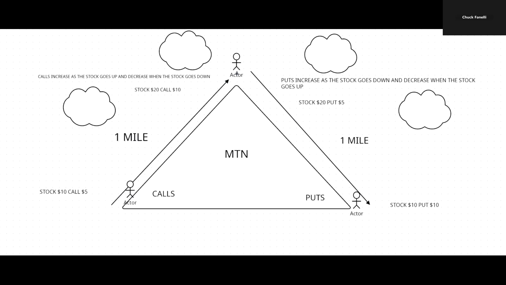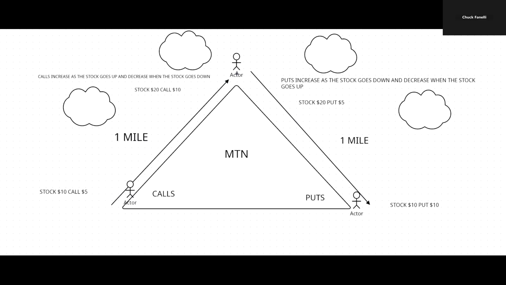So the put will increase as the stock goes down. Okay. So if the stock is at 20, if actor is at 20, and then it goes down to 10, same distance, and you bought the put for $5, it goes from 20 to 10. The put is now worth $10.